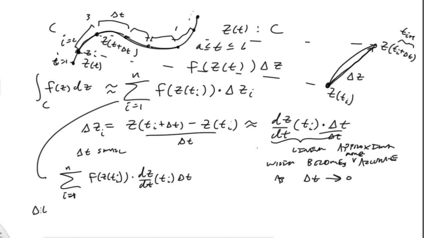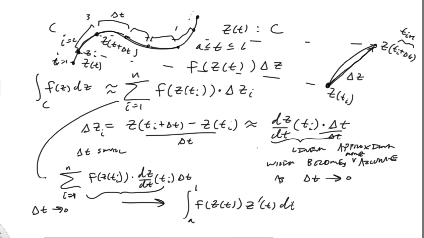And of course, as we take delta t going to 0, this whole thing limits to this integral from a to b of f of z of t, z prime of t dt.